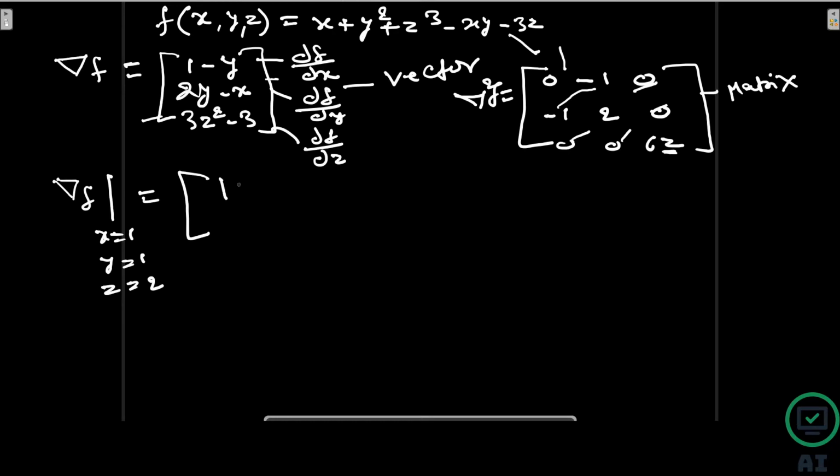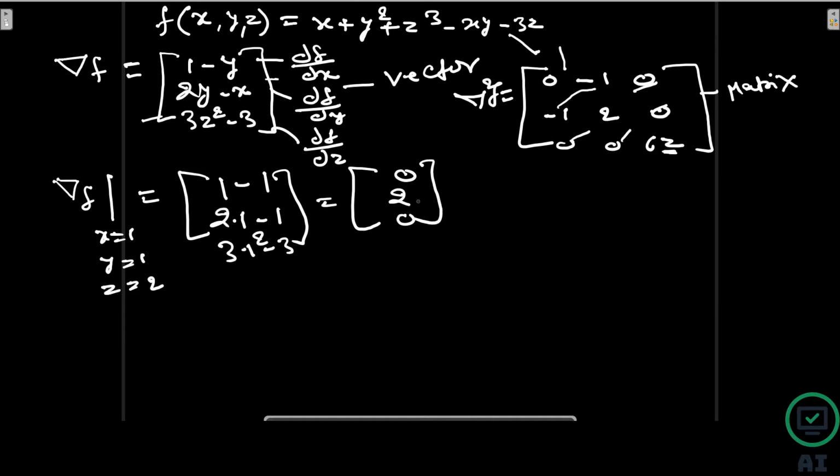So it is nothing but 1 minus 1, 2 into 1 minus 1, and 3 into 1 is x square minus 3, which is nothing but 0, 2 and 0.